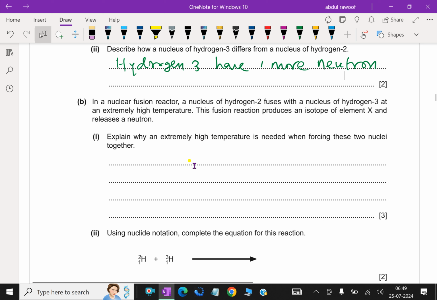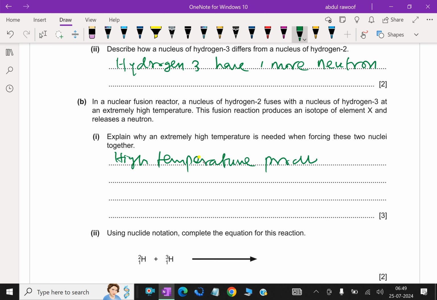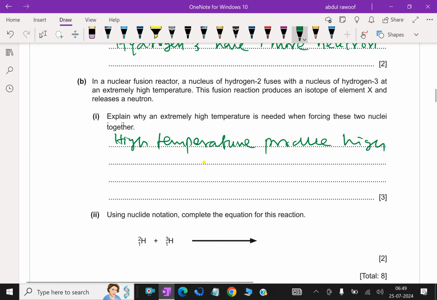Why is high temperature needed? High temperature produces high kinetic energy.